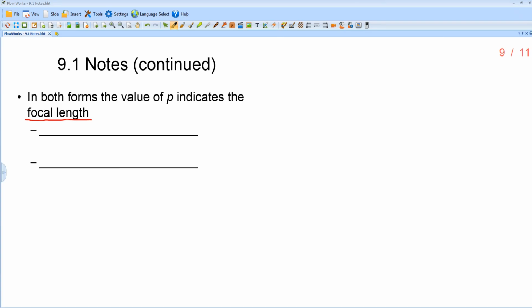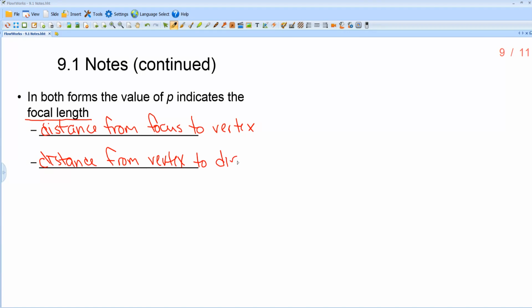Focal length is telling us the distance from the focus to the vertex, and the distance from the vertex to the directrix.